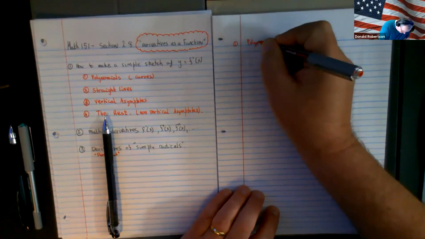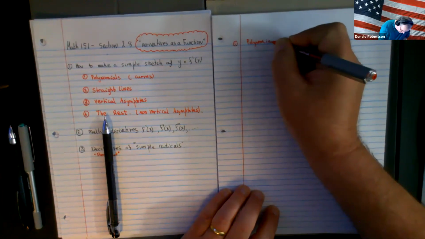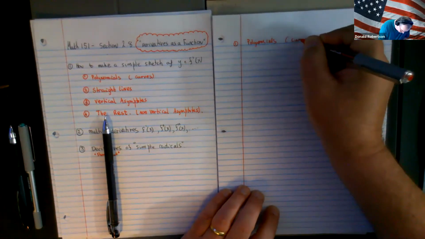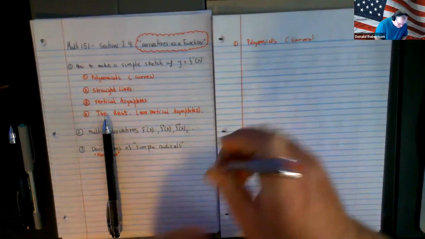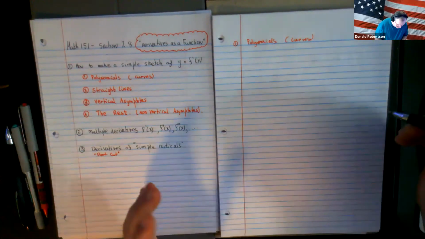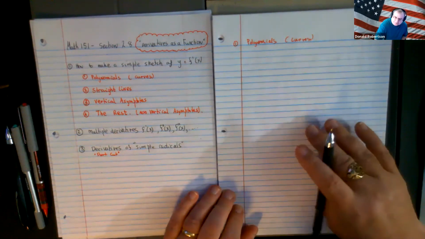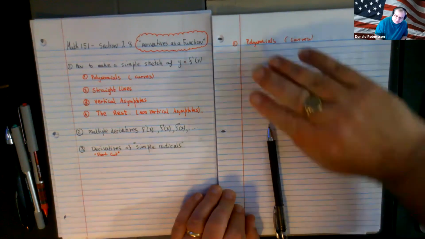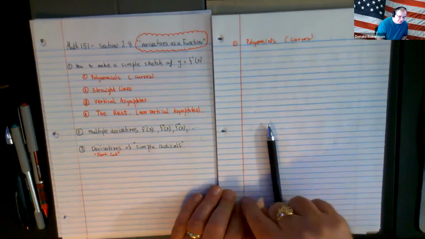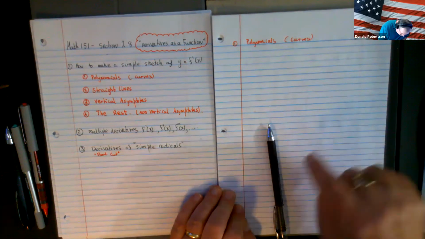Let's do polynomials, what I'm calling curves. The homework question of these basically gives you a function, the original, and then there's an A, B, C, and D, and you have to pick the right one.